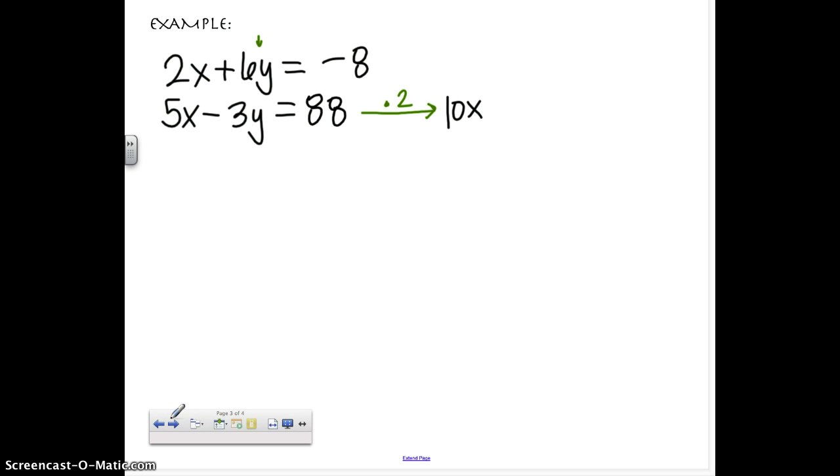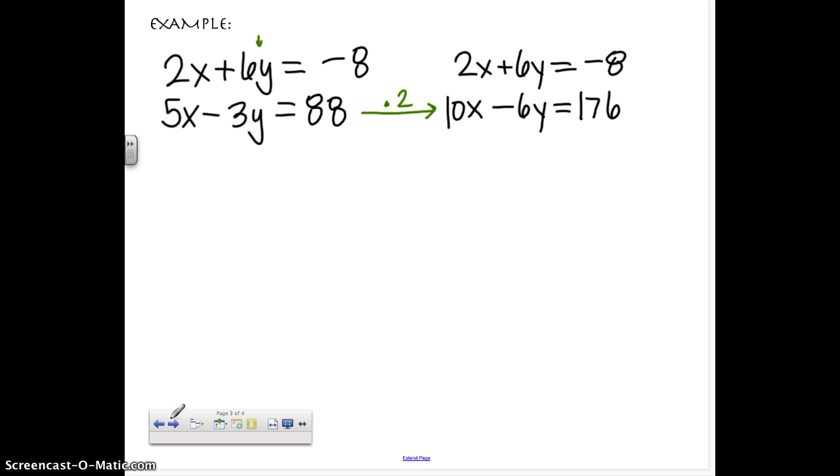My minus 3y is now a minus 6y. And my 88 is 176. We can already see that we now have a minus 6y that's going to cancel with our positive 6y. So this top equation is just going to come over on its own.